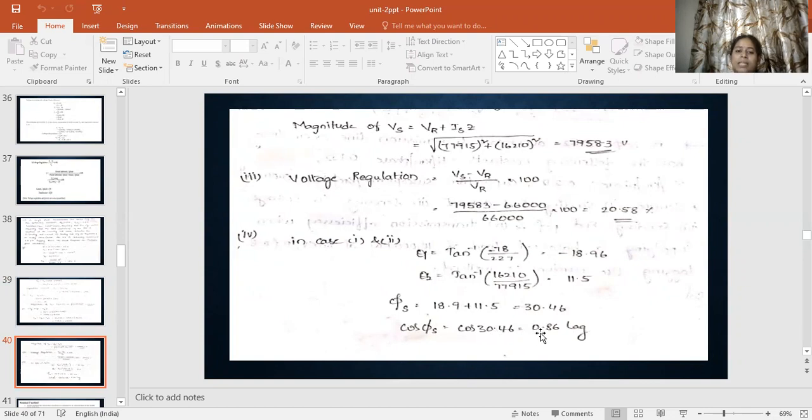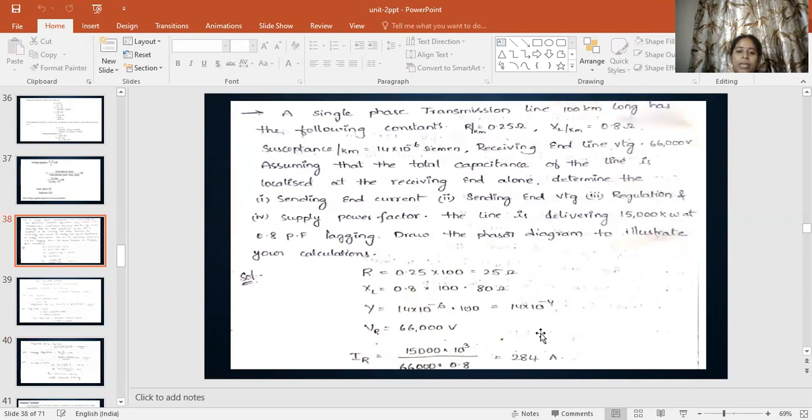Okay, once again I will repeat this problem. From that problem we can write the given data: r equal to 0.25. These per kilometer values are given for the resistance, inductance and susceptance, and the transmission line is 100 kilometers long. We can calculate throughout the length of the line.